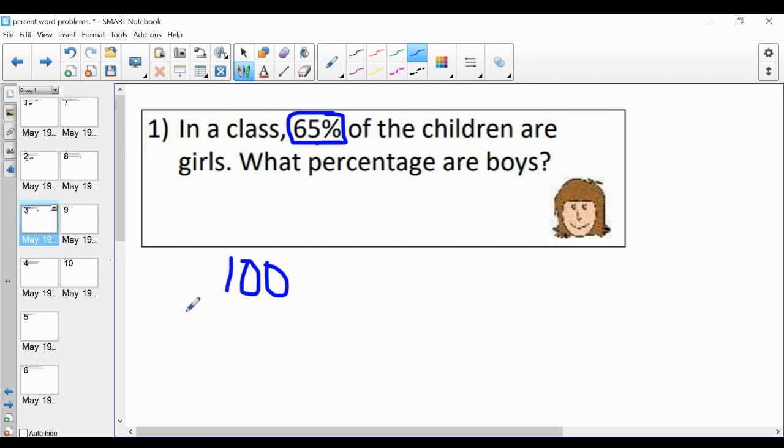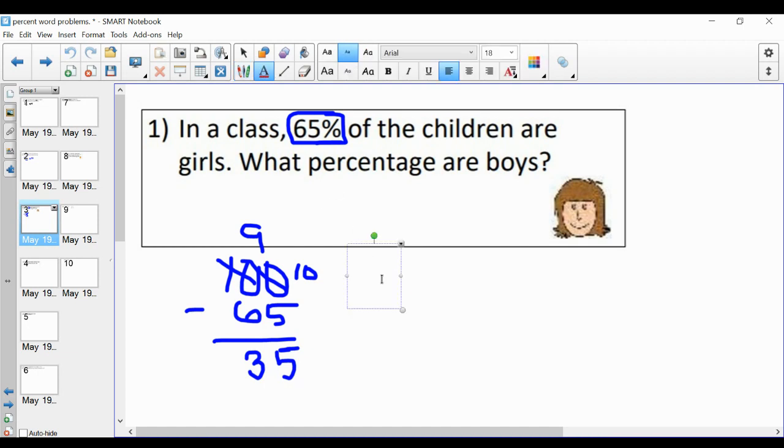So if we take 100 and subtract 65, this becomes a 10. 10 minus 5 is 5. We would have had to borrow 1 from here, so this becomes 9. 9 minus 6 is 3. So we have 35% of the class is boys.